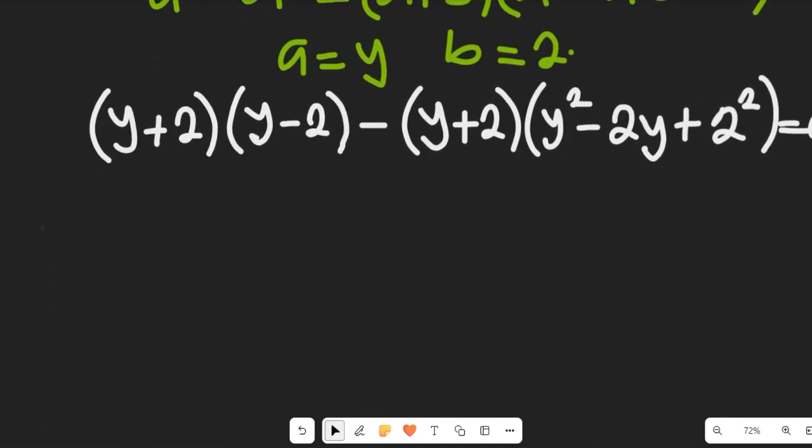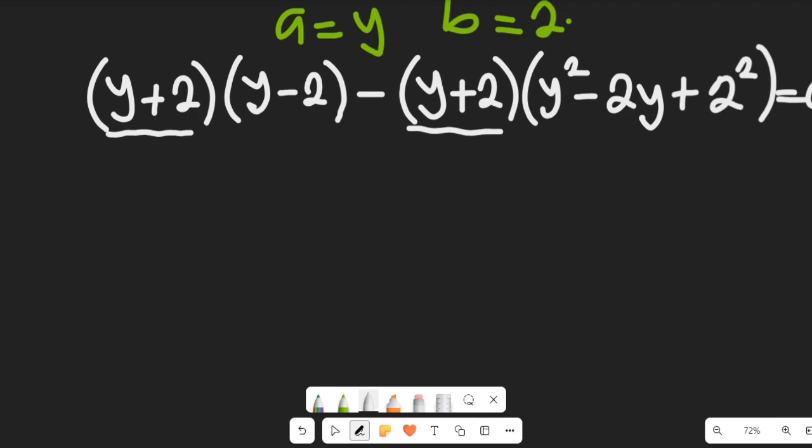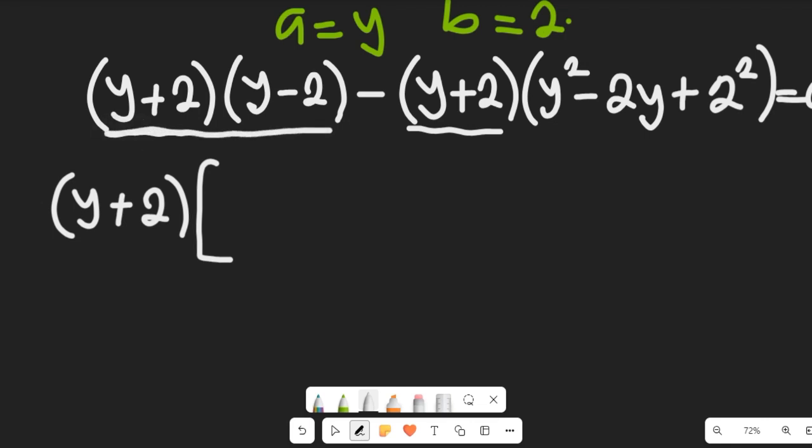Great. Now, looking at these two expressions, you find out that we have two common terms. And what are the two common terms? y plus 2 and y plus 2. So what do we do here? We're going to bring out those two common terms, y plus 2. So having y plus 2, we're going to divide this whole part by y plus 2.